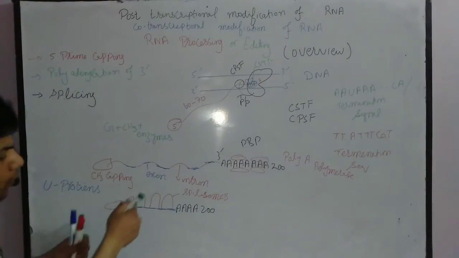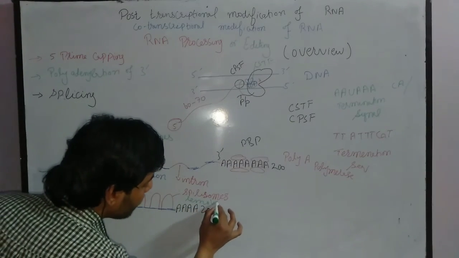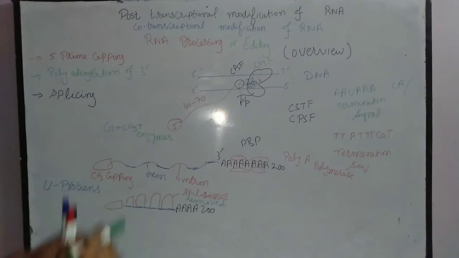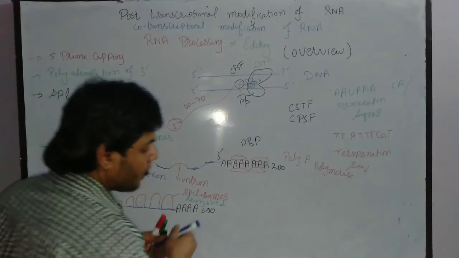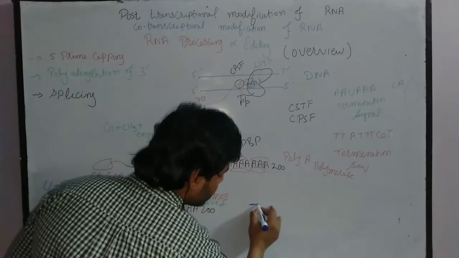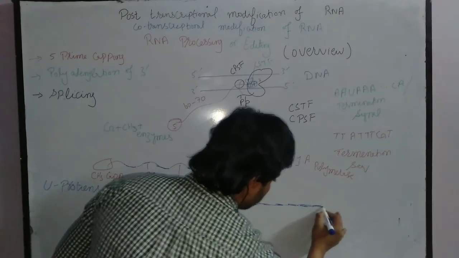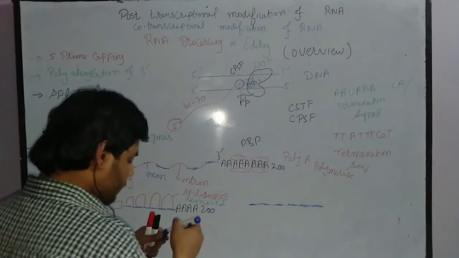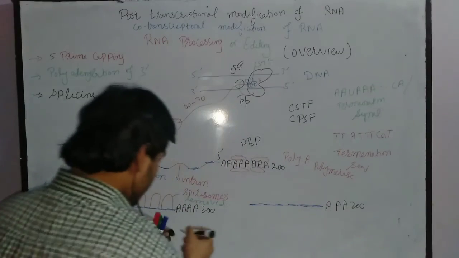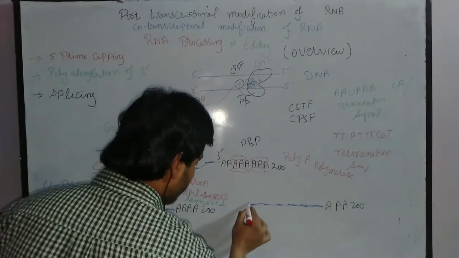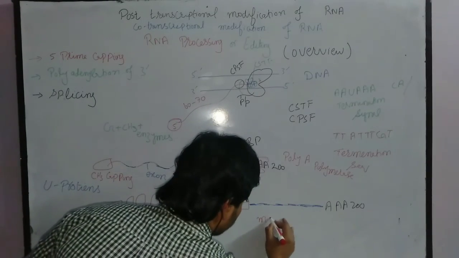So once all the intron portions are removed, only the exon portions remain, and each exon portion is then connected to the others, as you can see. Now these blue parts are the exon portions. At the 3' end we have 200 adenine residues, and at the 5' area we have a cap. So now this is the mature mRNA.